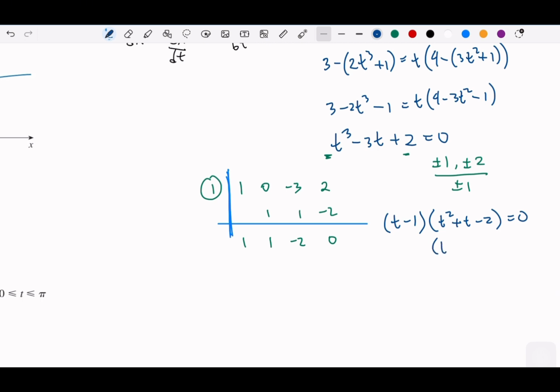I think we can factor this, right? Negative 2 plus 2, okay. So we get these factors: t equals 1 or t equals negative 2.